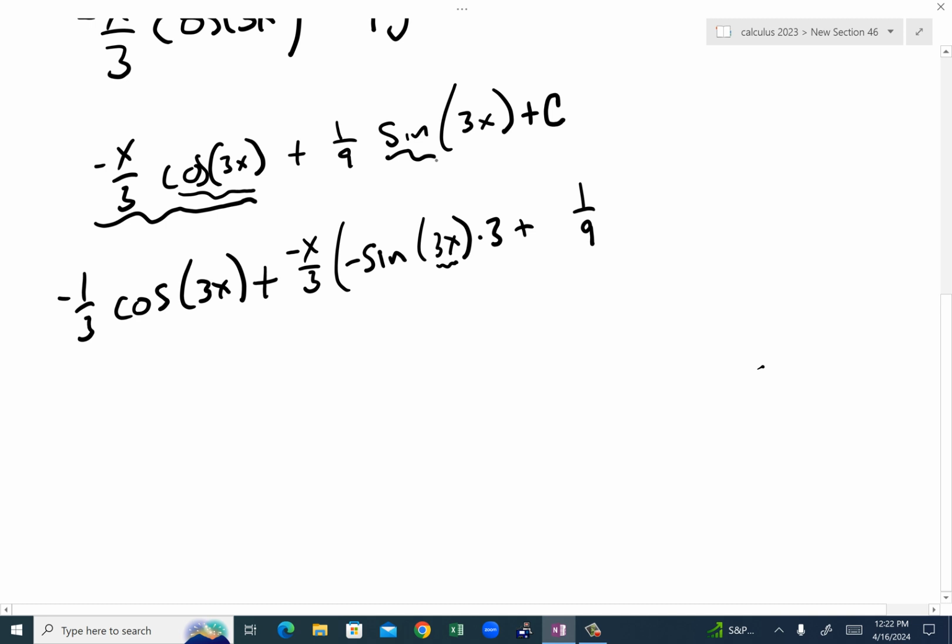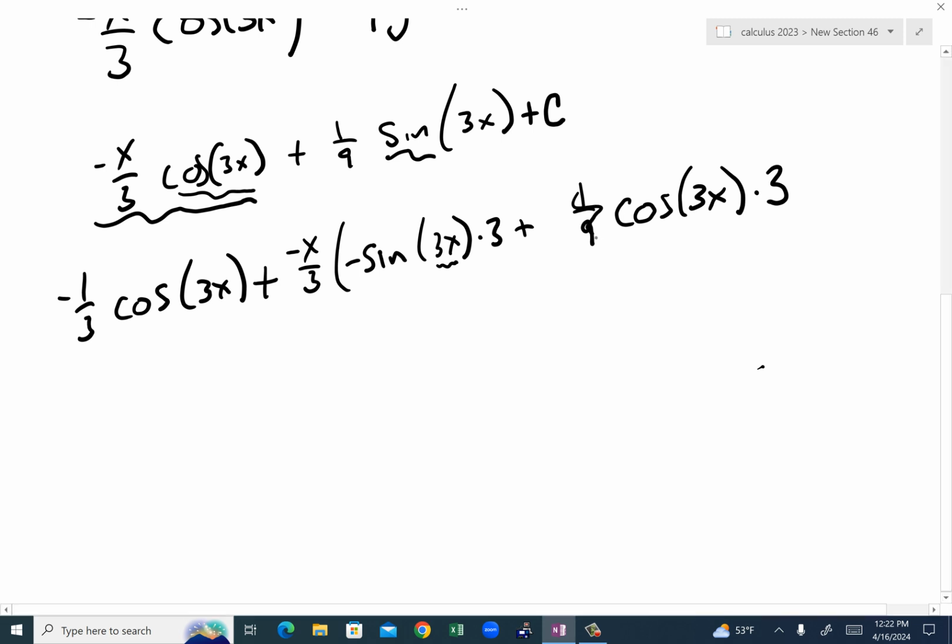What's the derivative of sine? No, cosine. And what's the derivative of a constant? It's 0. It's a specific constant. All right, check it out.